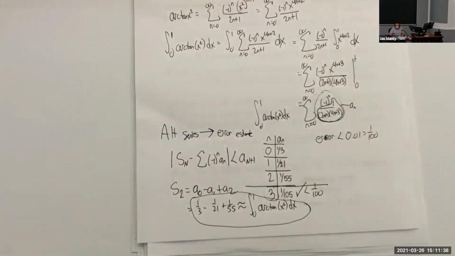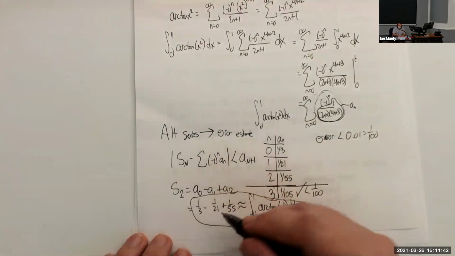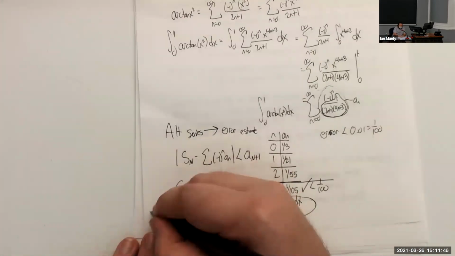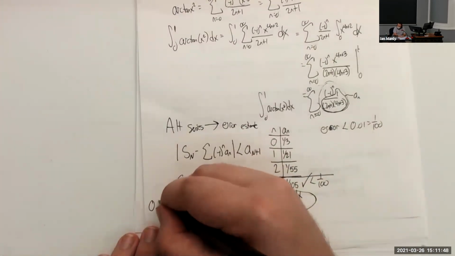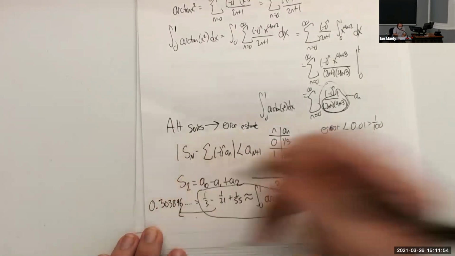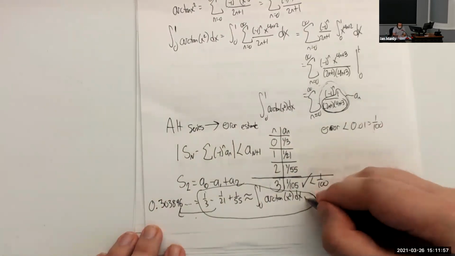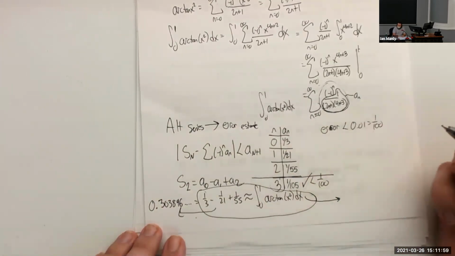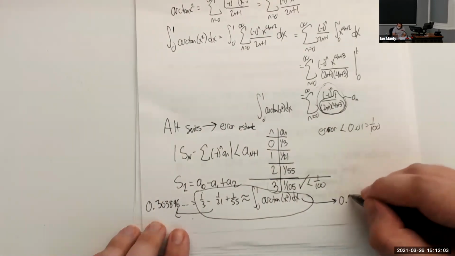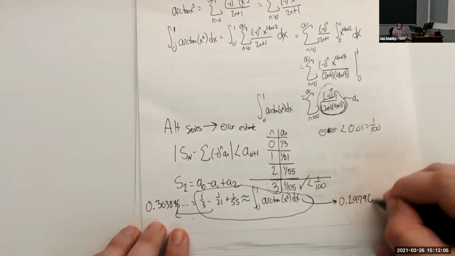All right, well, let's test this to make sure. So S2, if you combine all these fractions and look at the decimal, is going to be 0.303896. I did this on my calculator earlier. And then apparently, according to Wolfram Alpha, which can do the exact version of this without much effort, the true value is 0.29790.